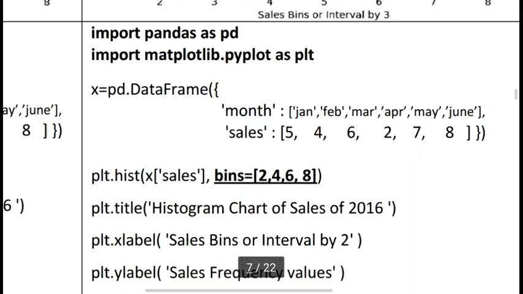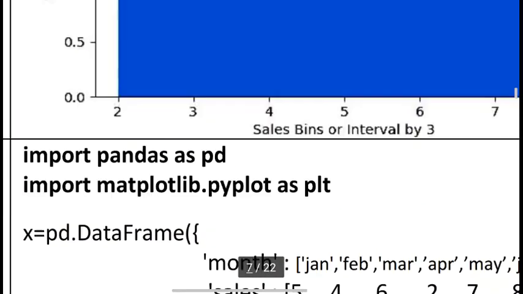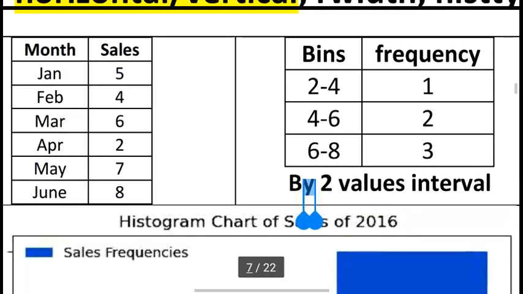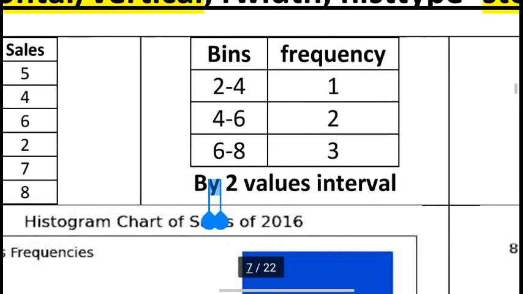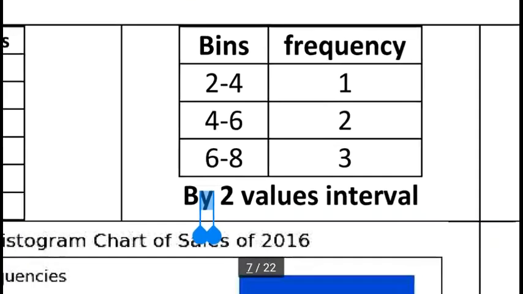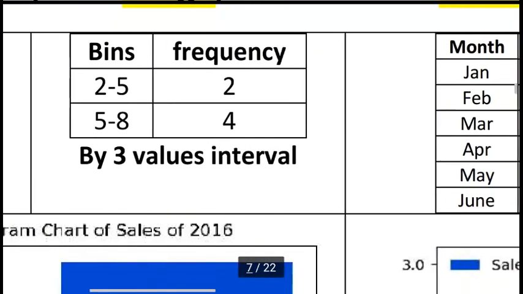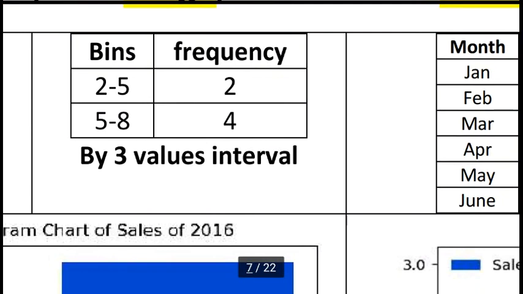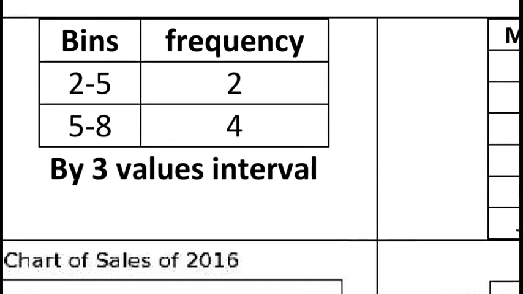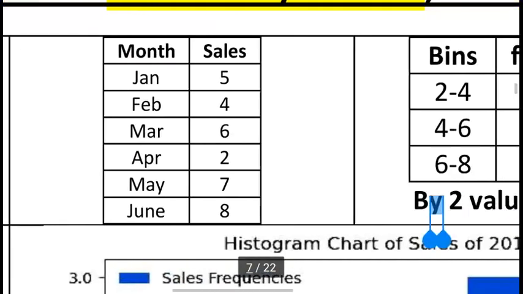Here we have a total of three intervals, 2 to 4, 4 to 6, 6 to 8. Last time I used only two groups, 2 to 5 and 5 to 8.